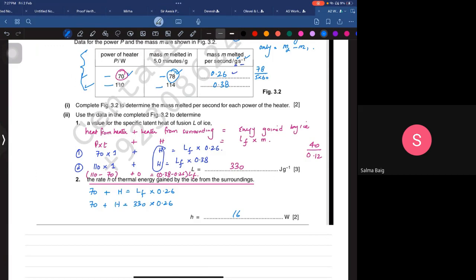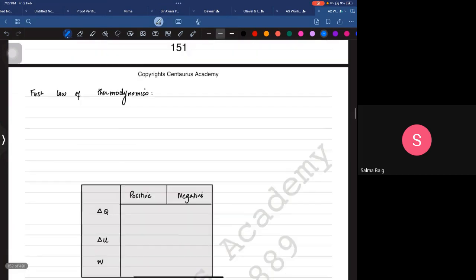All right. So, going to the next, we're going to talk about the first law of thermodynamics. This is the last thing we're going to do today, and then we'll continue with the rest tomorrow.